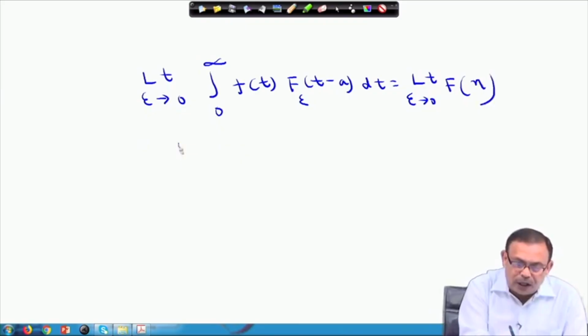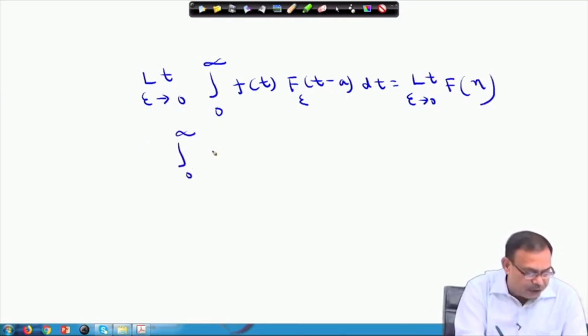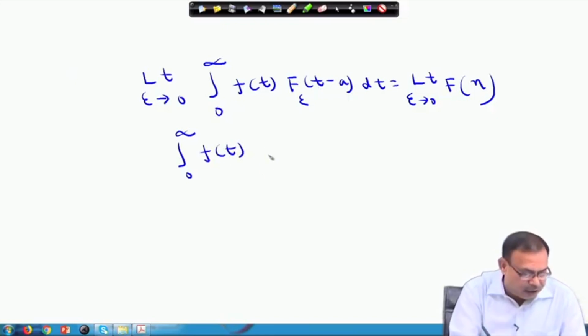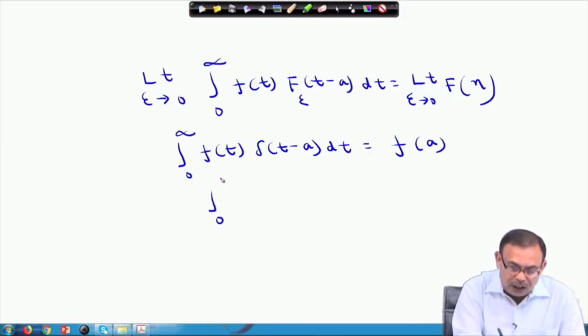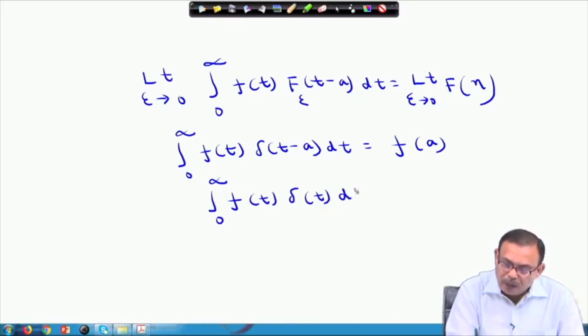So from here you can write the integral from 0 to infinity of f t into delta t minus a, the Dirac delta function, dt, equals f a. And also from here I can say that the integral from 0 to infinity of f t into delta t dt equals f 0.